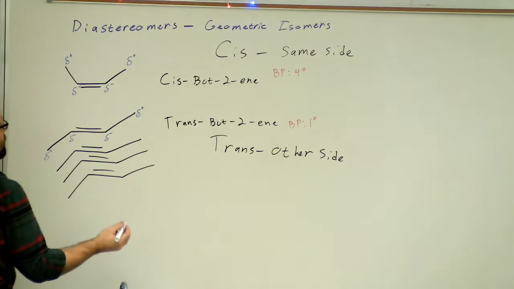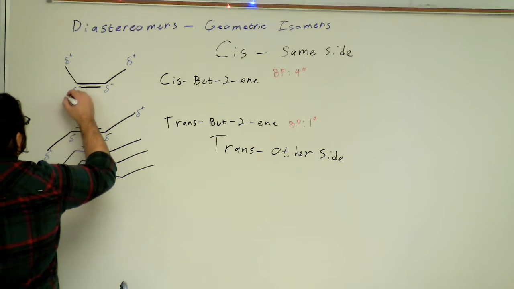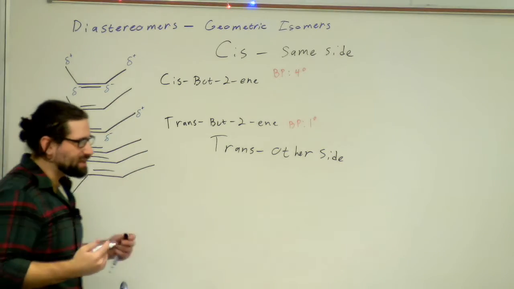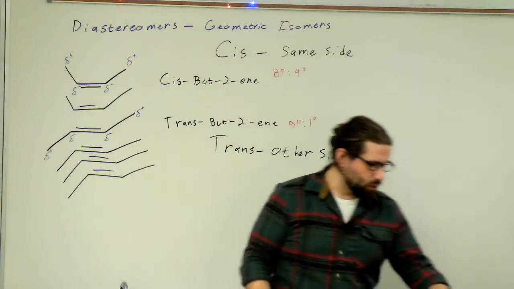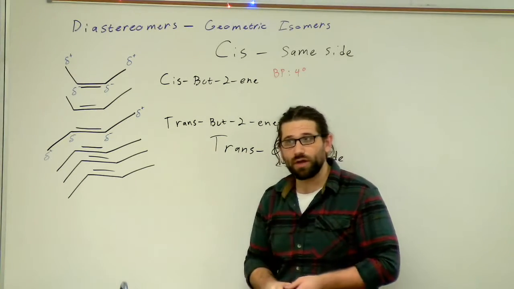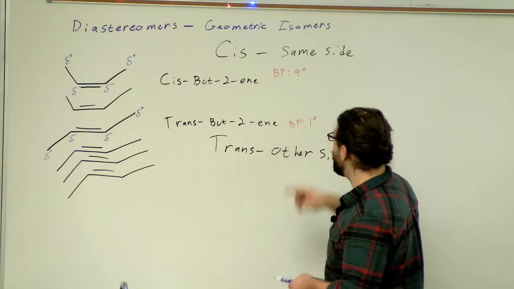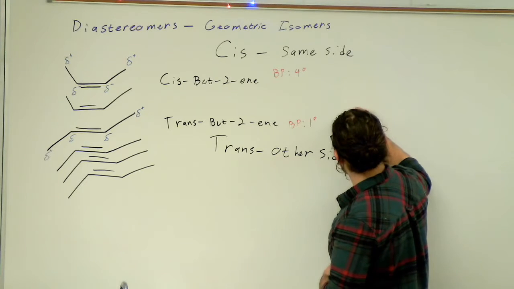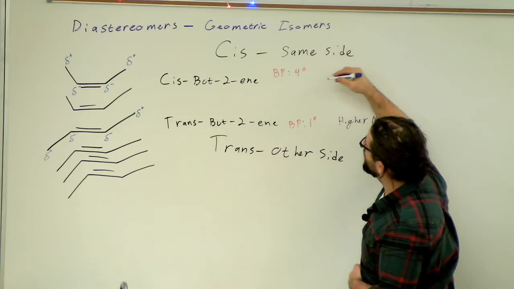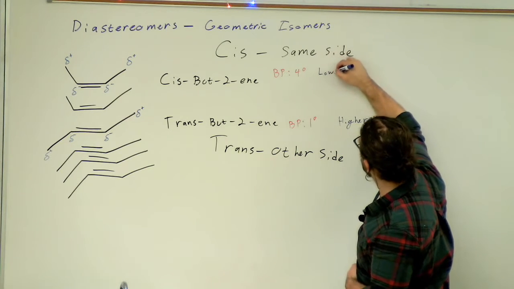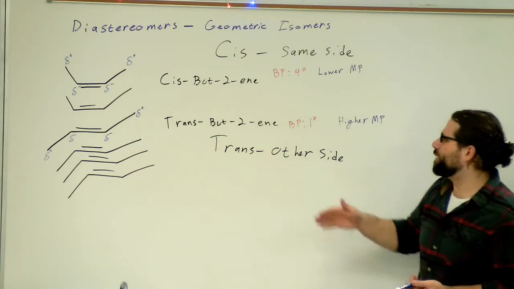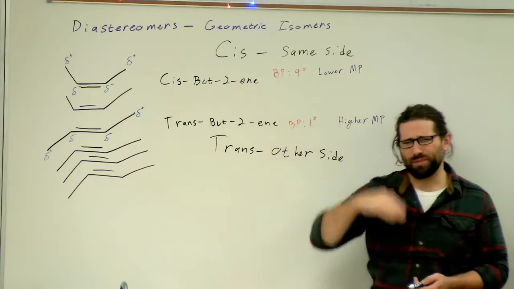None of them will rotate, whereas this one is less likely to stack on top of itself. And so, in a solid configuration, trans is more stable. While it has a lower boiling point, it has a higher melting point. And cis has a lower melting point. If my boiling point is 4 degrees, my melting point is going to be below 0.